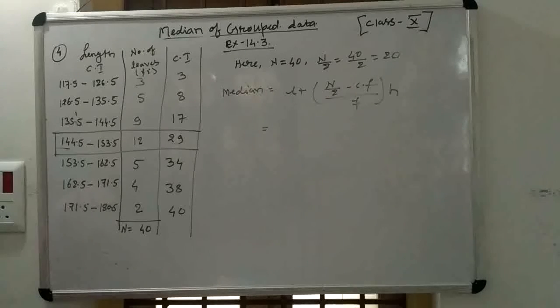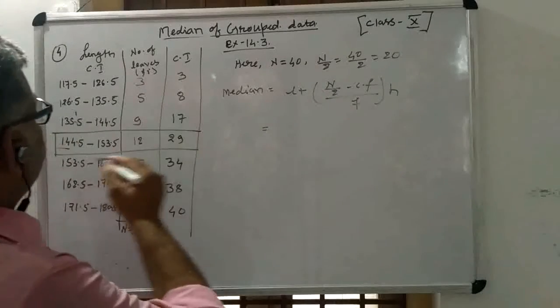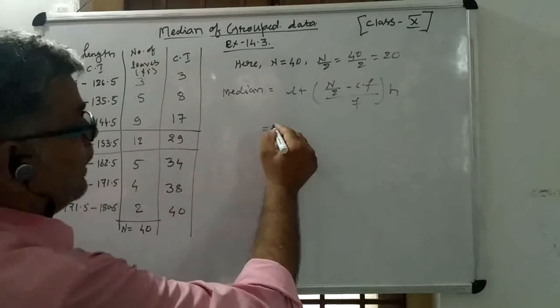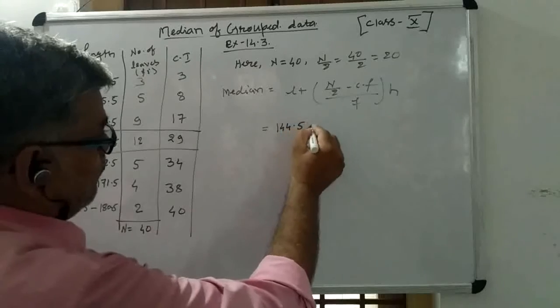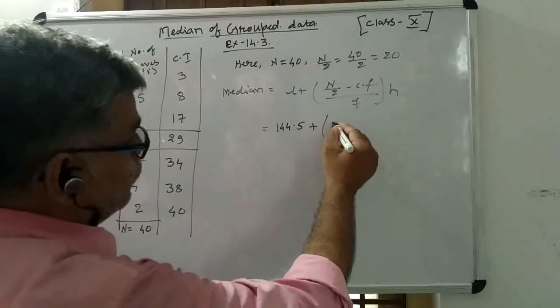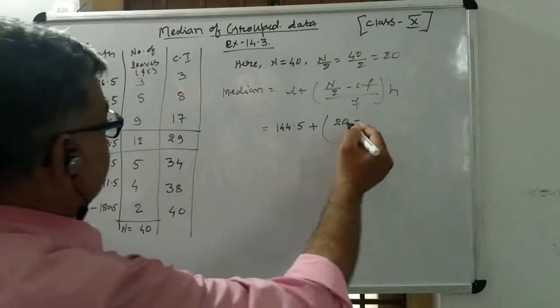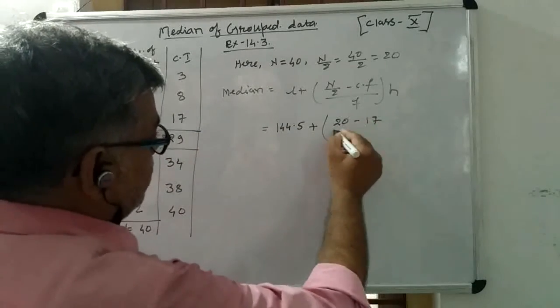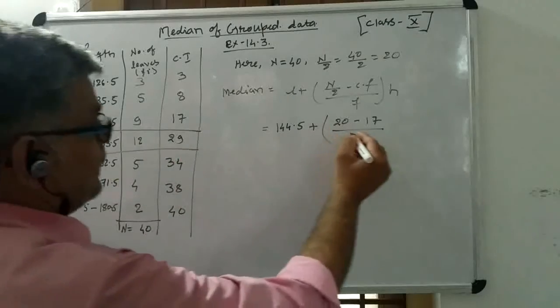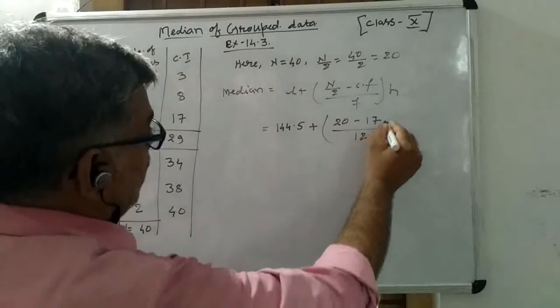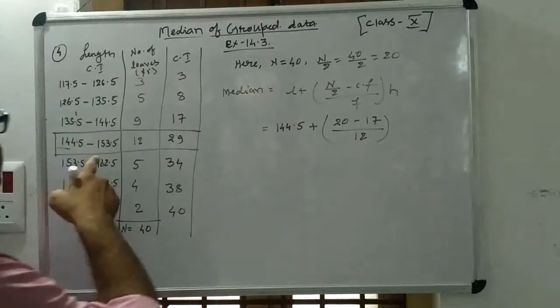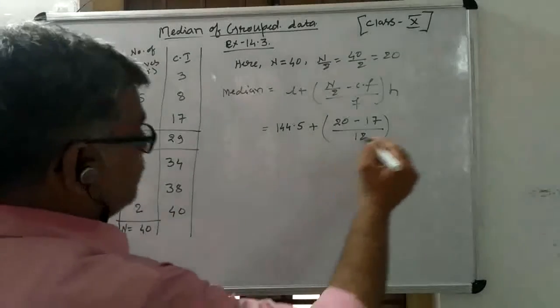Now put the values. The lower limit of the median class is 144.5, plus n by 2, which is 20, minus the cumulative frequency of the class preceding the median class, that is 17, divided by f, which is 12, into h. Your class size is 9 here.